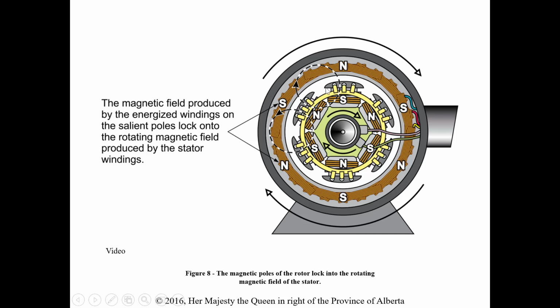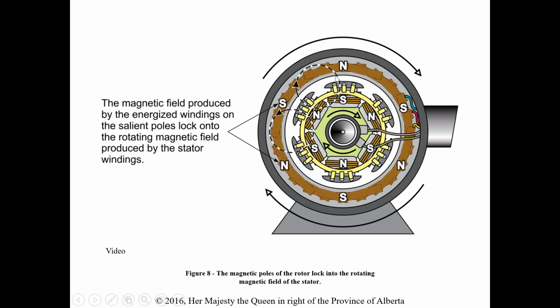What's going to eventually happen is, with this new magnetic field spinning in the same direction as the magnetic field from the stator, it's going to try to catch up, and the north and south poles will try to line up and lock into each other. Then my rotor will be spinning at the exact same speed as the stator magnetic field.